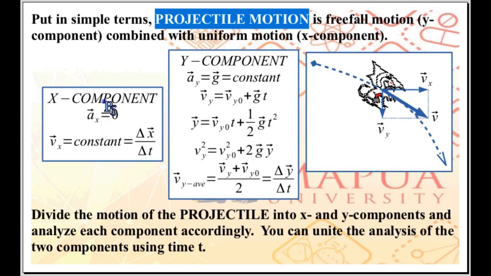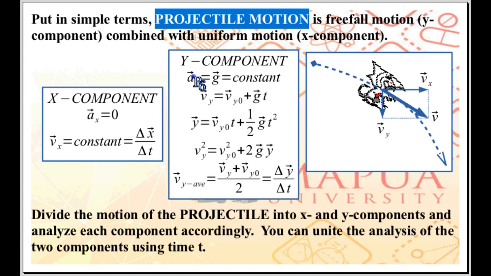So the velocity of the object is constant. Along the x-axis, the velocity Vx is constant. It is equal to delta x divided by delta t, or simply x over t.